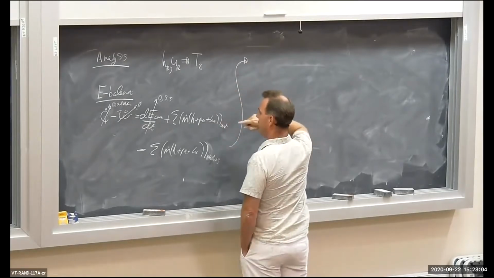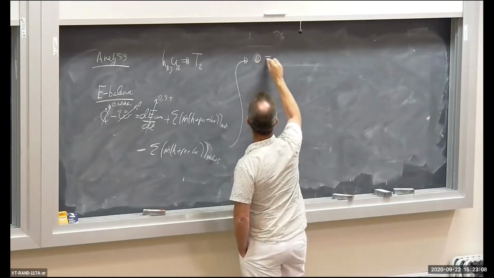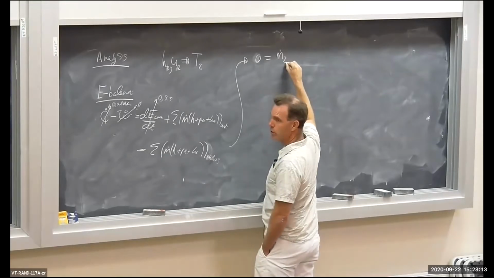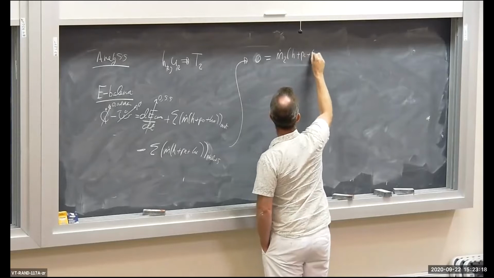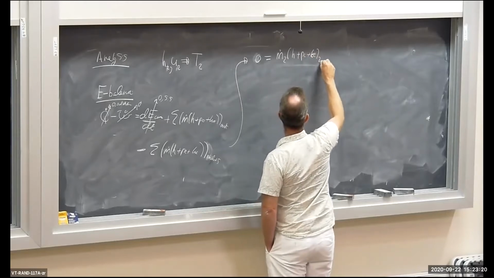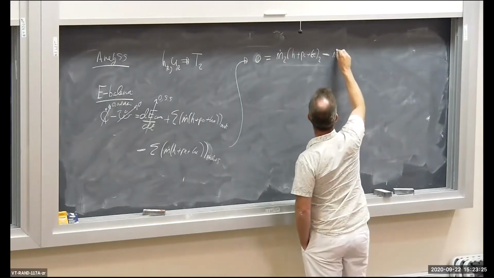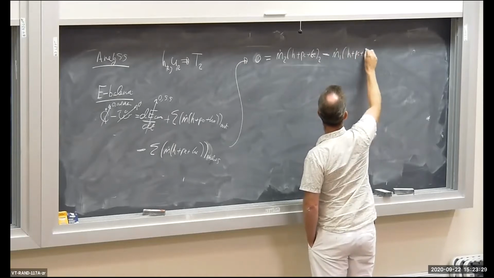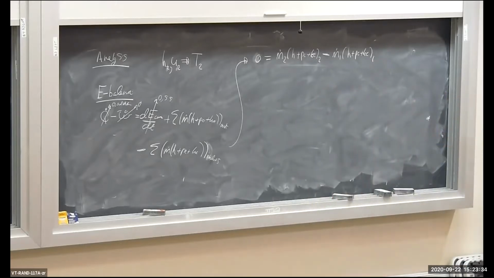So we got 0 equals m dot out, which is at location 2, H plus PE plus KE at location 2, minus m dot at the inlet, which is location 1, H plus PE plus KE at location 1, which is the inlet. So all that stuff, one subtracted from the other, is equal to 0.